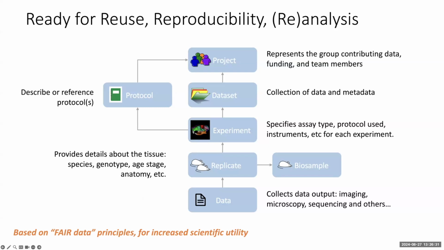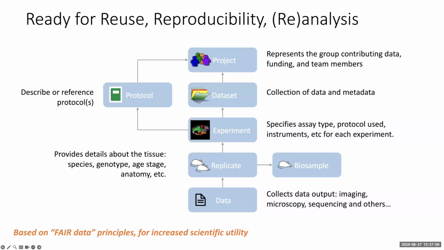So just to introduce you to this model, the structure of data in FaceBase, going from top to bottom, a project is a general term that we use for any kind of group that is contributing data to FaceBase. A project will have a funding acknowledgement, usually an abstract on what their overall research agenda is, and a list of team members and PIs, as the case may be.